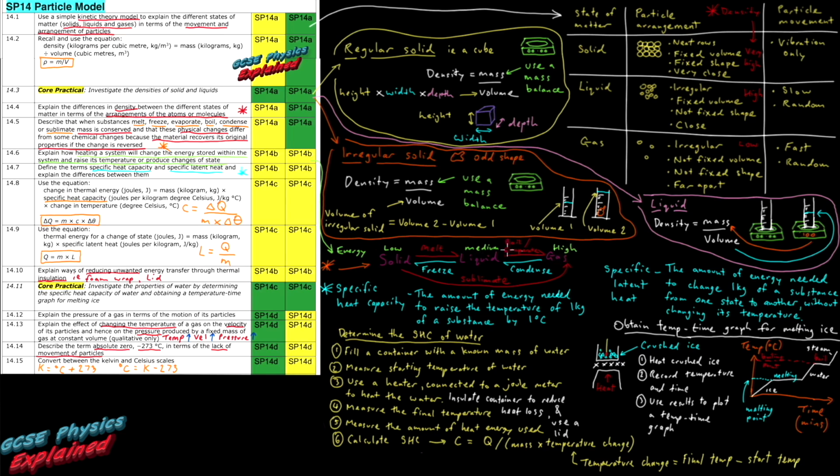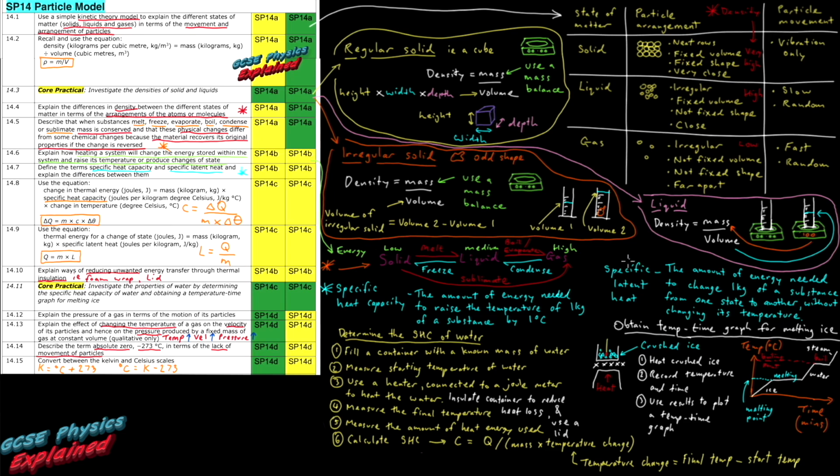Define the terms specific heat capacity and specific latent heat and explain the difference between them. Remember, it's only worth 1 mark. Specific heat capacity is the amount of energy needed to raise the temperature of 1 kilogram of a substance by 1 degree C. Specific latent heat is the amount of energy needed to change 1 kilogram of a substance from one state to another without changing its temperature.